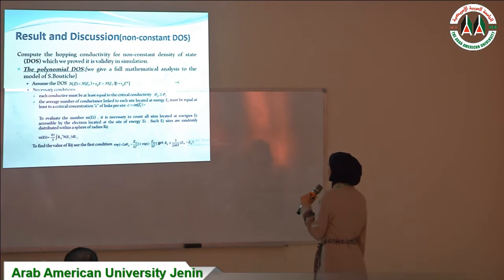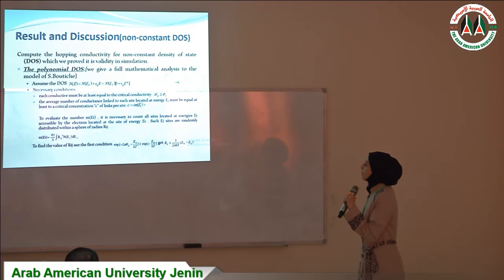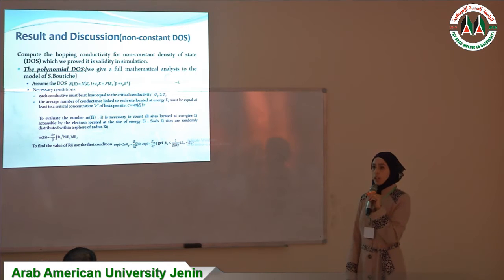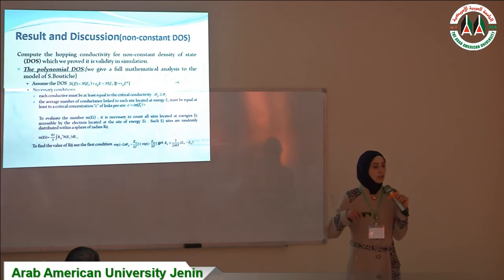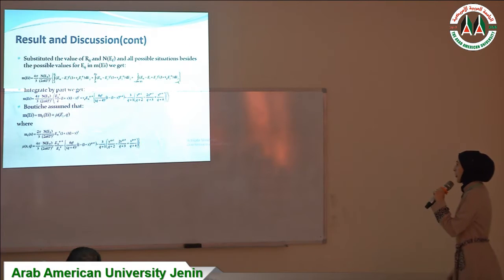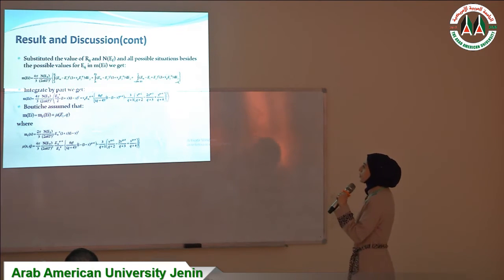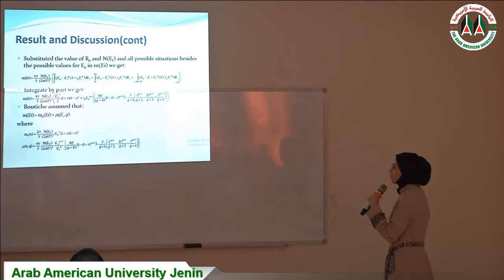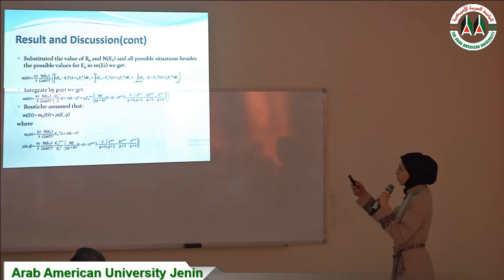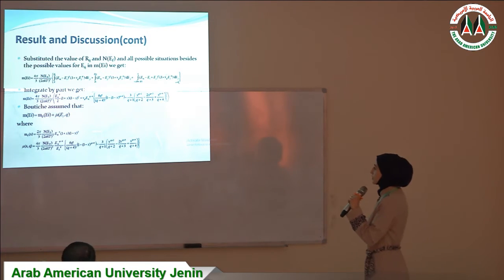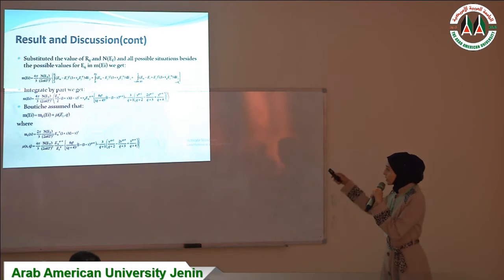To find R_ij, we go back to the first condition and find it by the inequality, and both the equality, to find the value of R_ij. We substitute the value of R_ij and N(E_F) in all possible situations, besides the possible values for E_ij with all limits. So we have this formula of M(E_i). Then we integrate by parts, and we get the second formula.